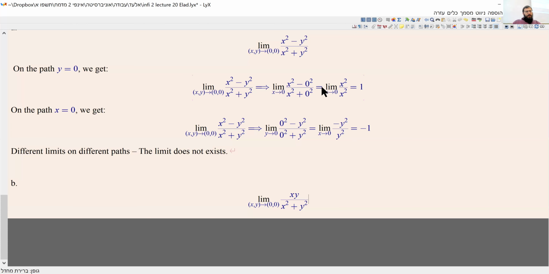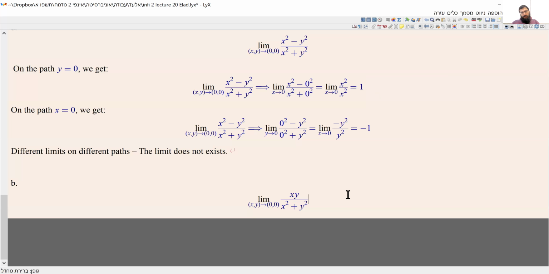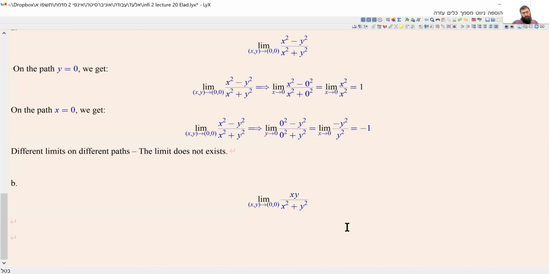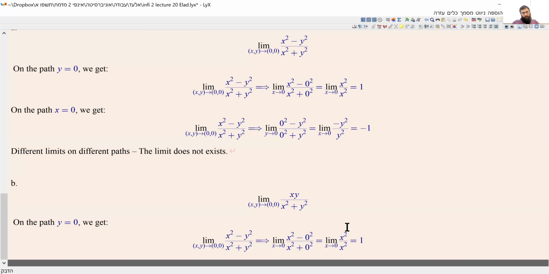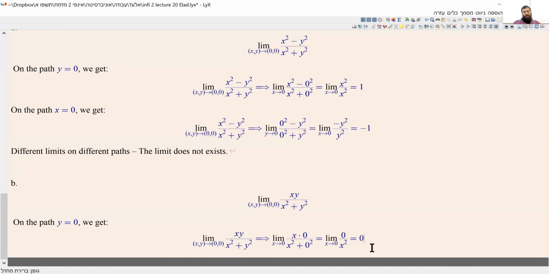First of all, we can use y equals 0, totally fine. When y equals 0, we get x multiplied by 0, which is 0, and the denominator goes to 0, but the numerator is already there, so the limit is 0.